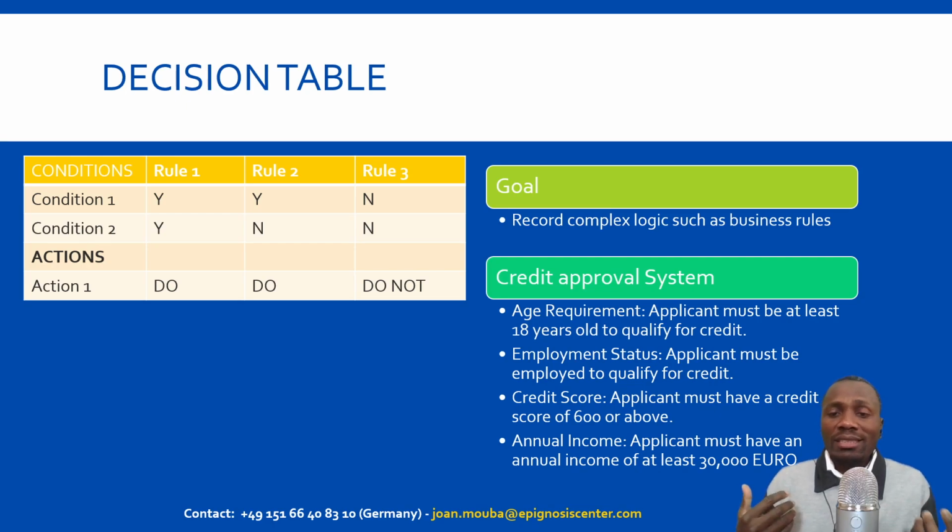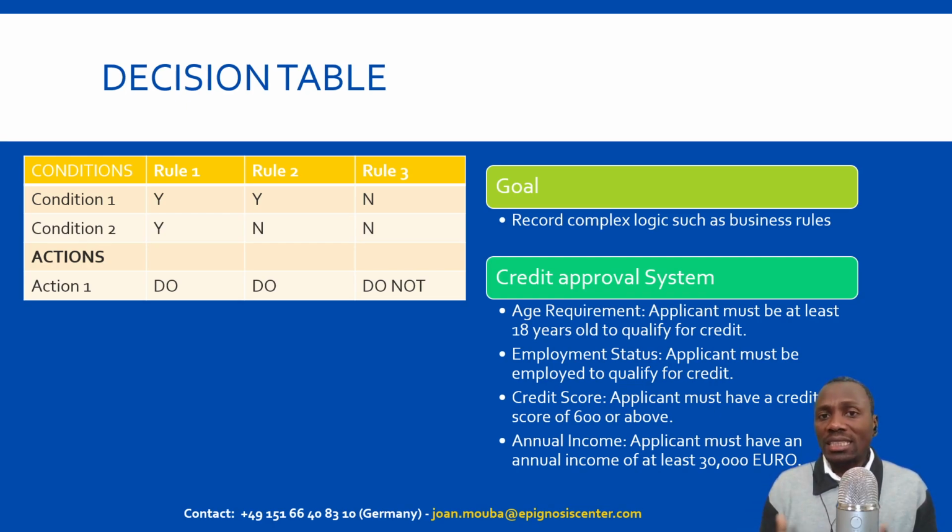Generally, it will be yes or no. It can also be true or false. And sometimes you can have a hyphen, to show that whatever the value of this condition, it does not influence the outcome. And for the actions, sometimes you can have an X to say this action will happen, or you can have blank to say that an action will not happen.